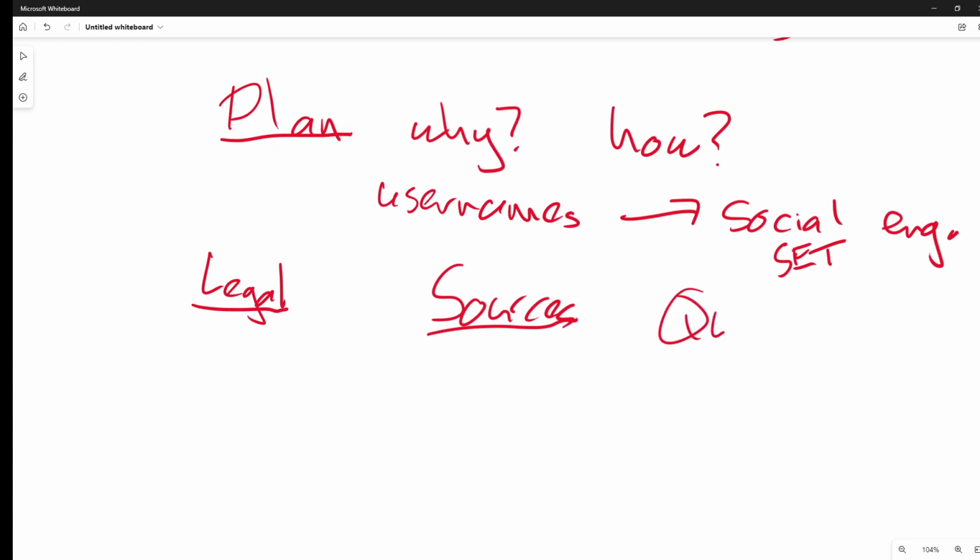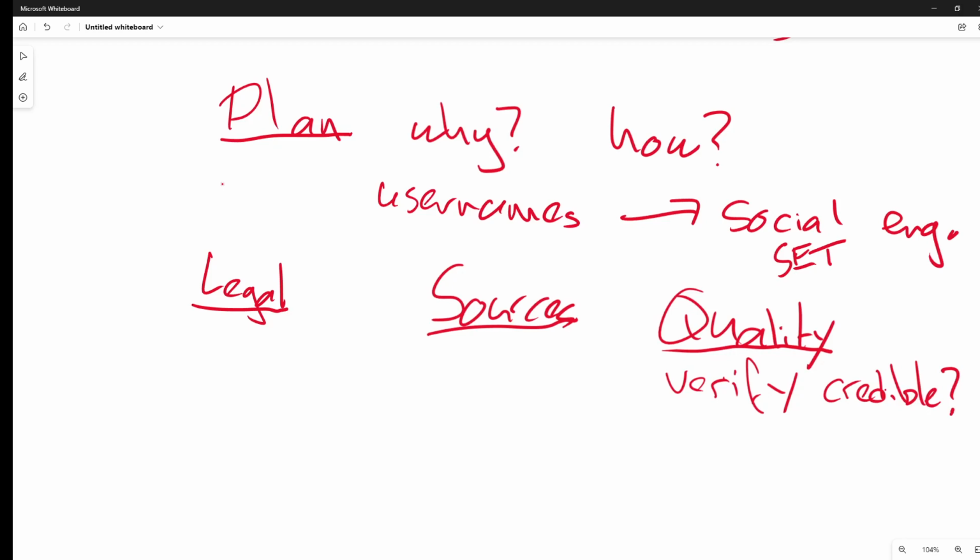You also need to be aware of the quality. Now, especially online, there are some very dubious and very mischievous people out there, and the quality of the information that they give is not verified. So please, in any OSINT exercise, verify the information that you have, because is it credible?